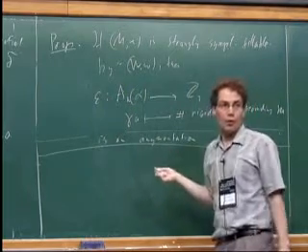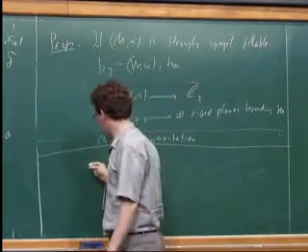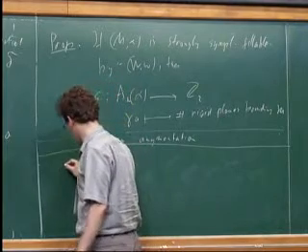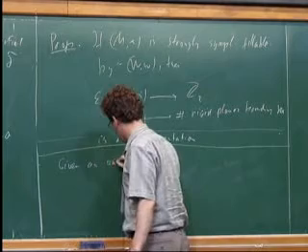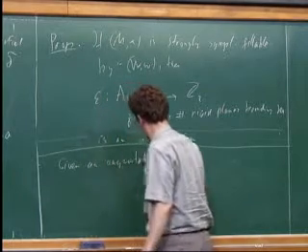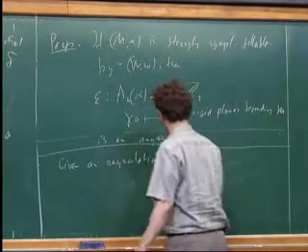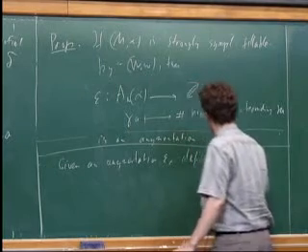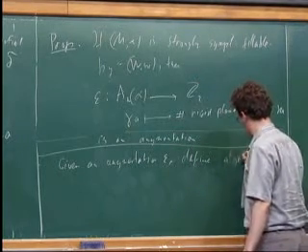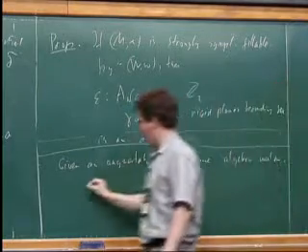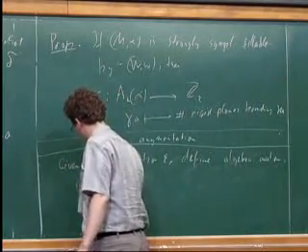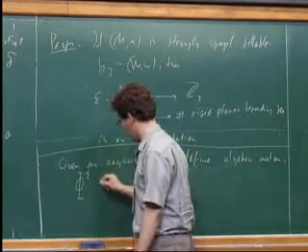So let's assume now that we have an augmentation. Given an augmentation, we define an algebra automorphism phi epsilon as follows.